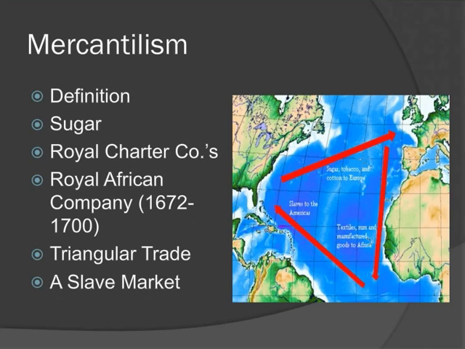So that's kind of one example of what a slave market is, and that gives you some background as to what it was all about and how it became such a huge deal to the Europeans.